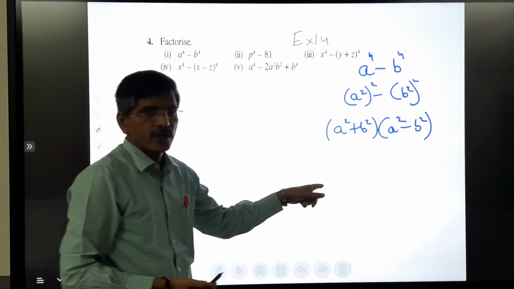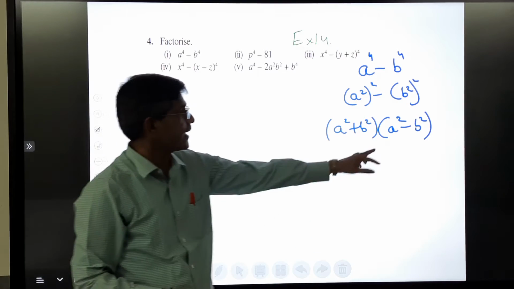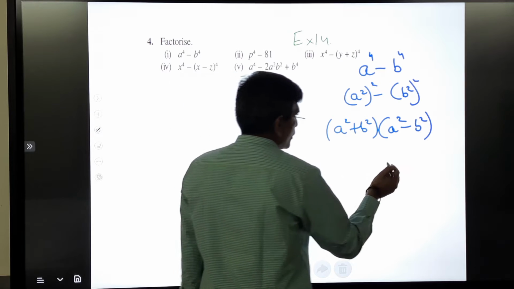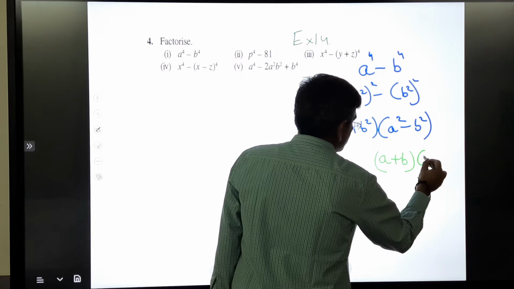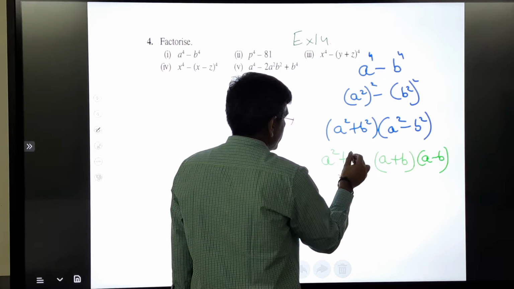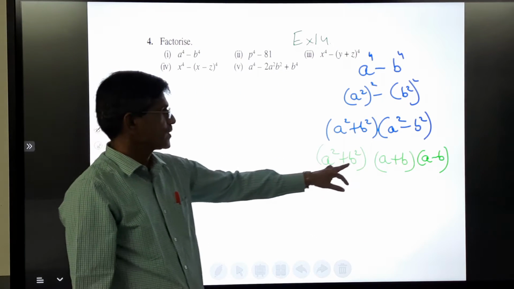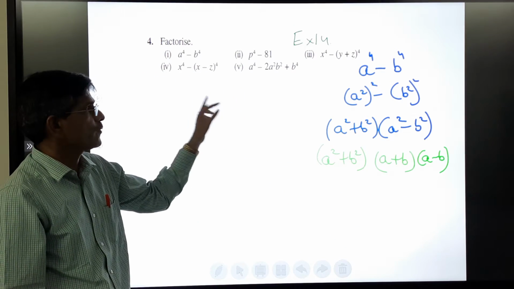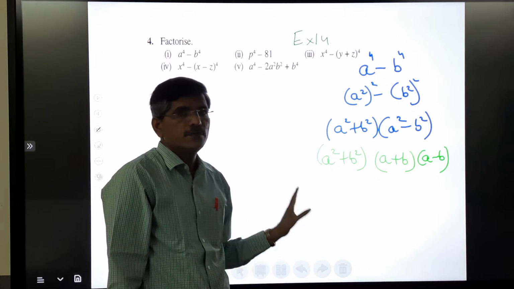In the positive one we cannot go further, a square plus b square. But when a negative sign is there, we can split the bracket again into 2, that is a plus b, a minus b. Here a square plus b square stays as it is. So 3 brackets: a square plus b square, a plus b and a minus b.